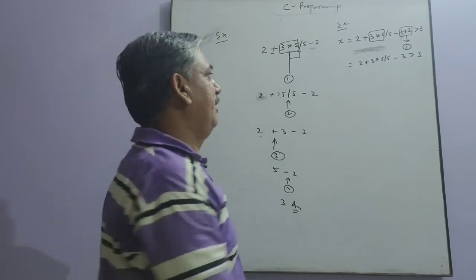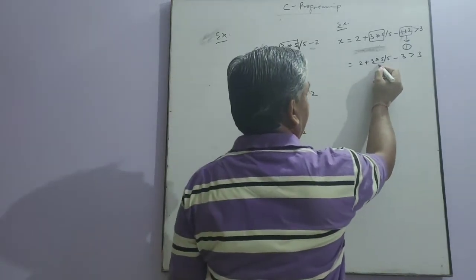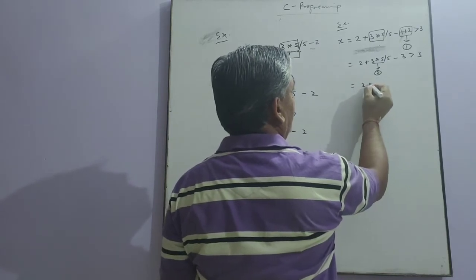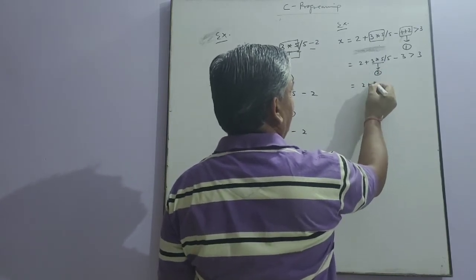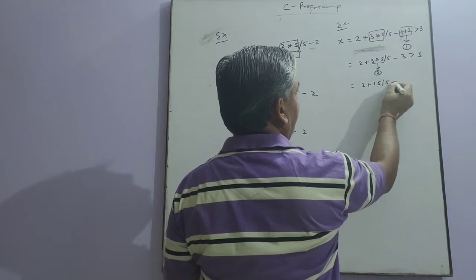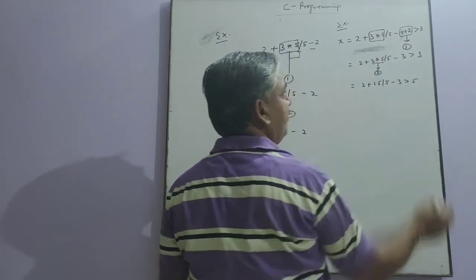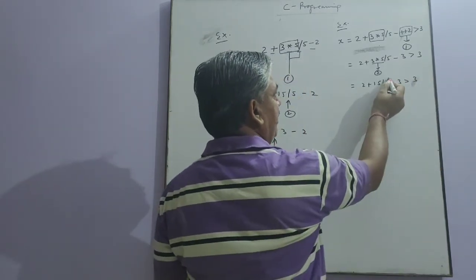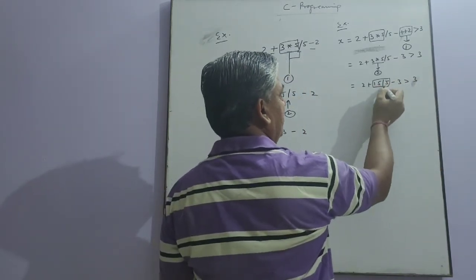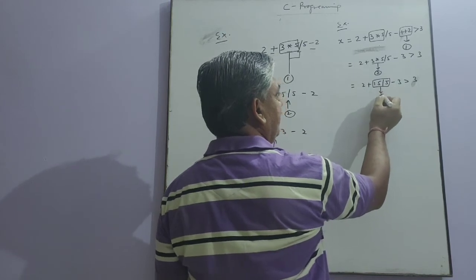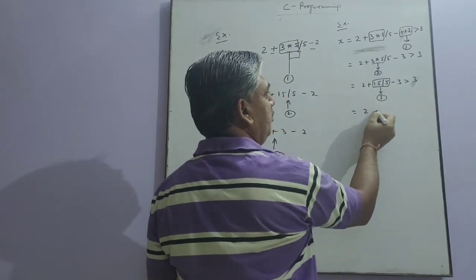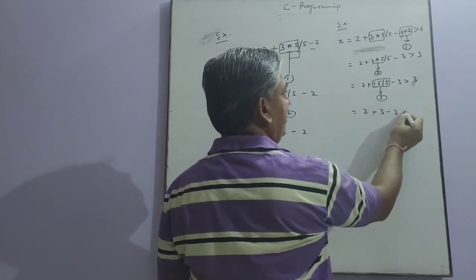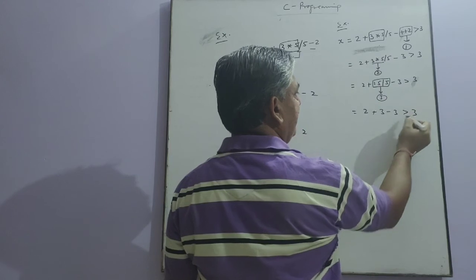Now then this one, this is the second. So we get 2 + 5 3s are 15 / 5 - 3 > 3. Now this is our next. So we get 2 + 15 / 5 is 3, minus 3 > 3.